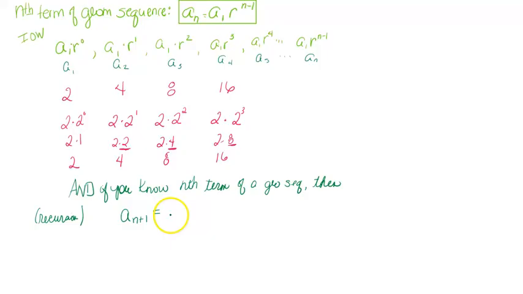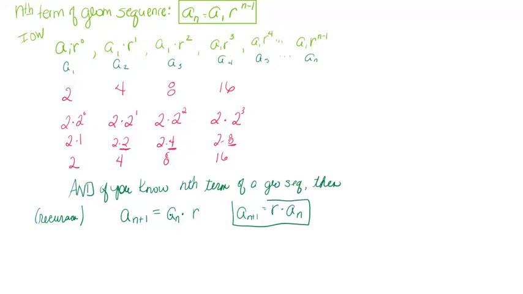You could say the next term would just be the term before it, a sub n, times r. Or I believe your book writes it with those two reversed: a sub n plus 1 is equal to r times the term before it, a sub n.